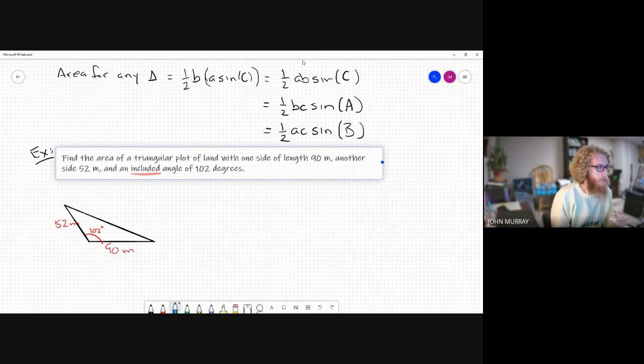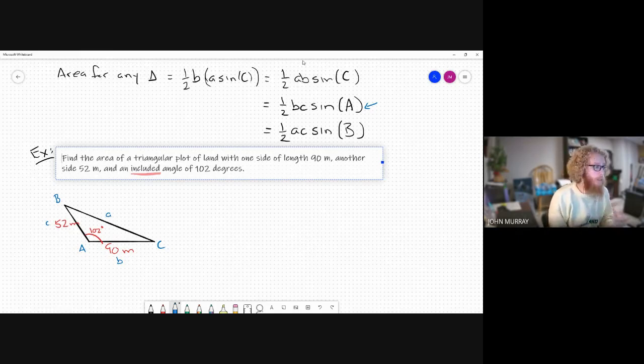So no matter how I name this, if I call this A, B, C, you can name it however you want. It's going to work out. So this is little a, this is little b, this is little c. All right, so I have sides C and B and angle A. So for this particular example, I'd be using this formula.